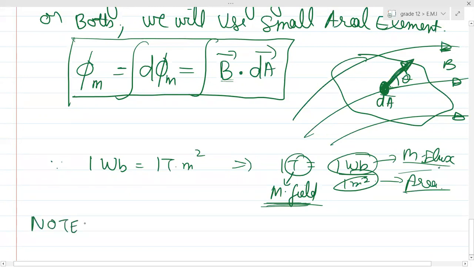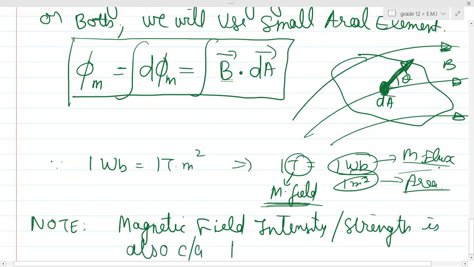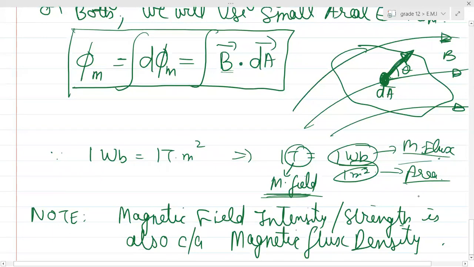So note at this point, magnetic field intensity or strength is also called magnetic flux density. This is another name for magnetic field induction.